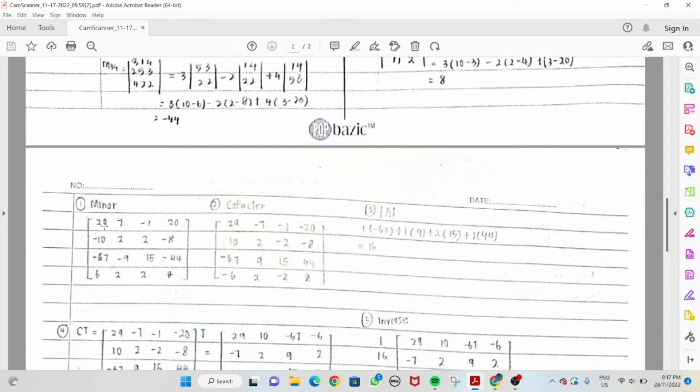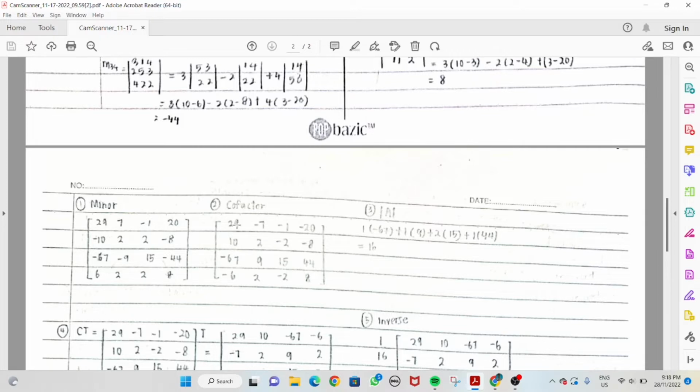And then, since for minor, we have to change it into cofactor. So here will be positive, negative, positive, negative, negative, positive, negative, positive, positive, negative, positive, negative, negative, positive, negative, positive. We'll multiply each of the values which I told just now to form the cofactor.